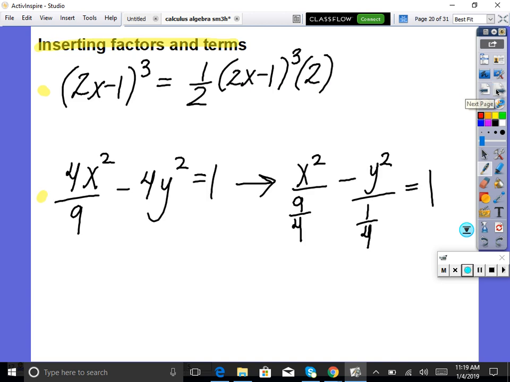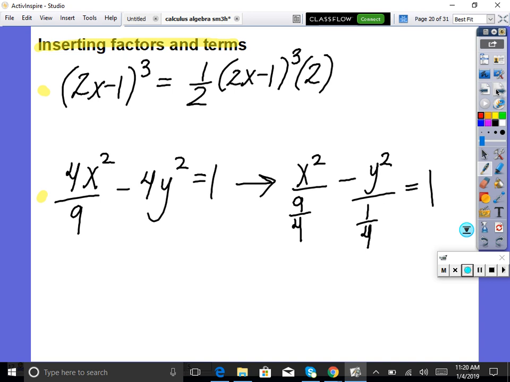All right, inserting factors and terms. Now understand, you're like, well, why are you doing that? That's not what I'm asking you to do. I'm asking you, are these mathematically equivalently the same? 2x minus 1 to the third, is it equivalent to 1/2 times 2x minus 1 to the third times 2? Yes, isn't a half times 2 1? They are the same.